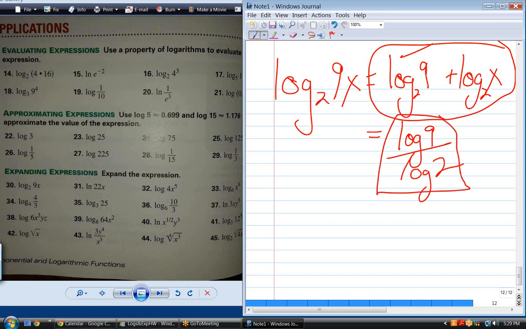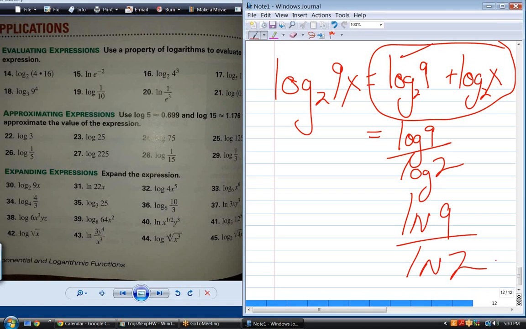In other words, my calculator has a LOG key. And this happens, I can make this common log, or I can even make it natural log. That relationship is the same. Common log of 9 divided by log of 2 is the same as natural log of 9 divided by natural log of 2.